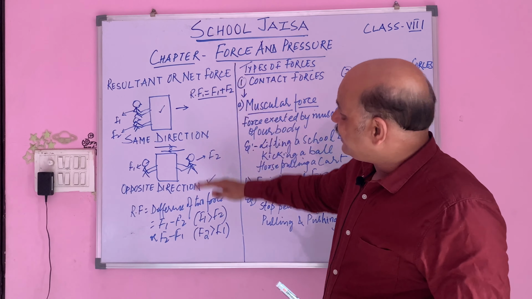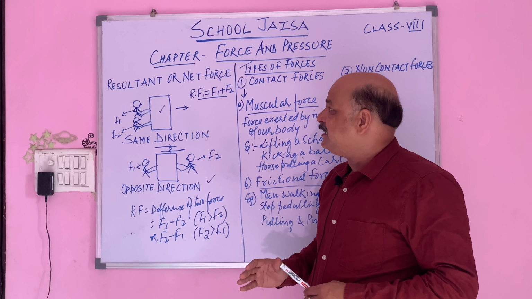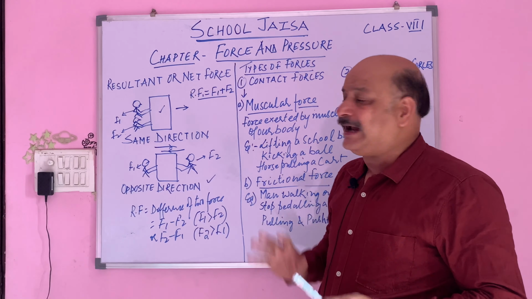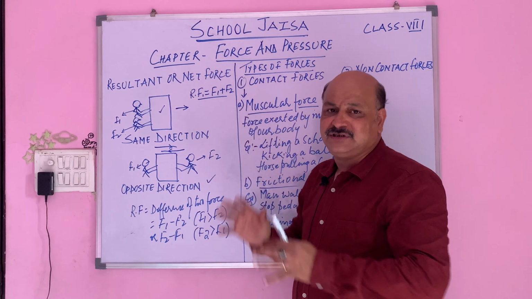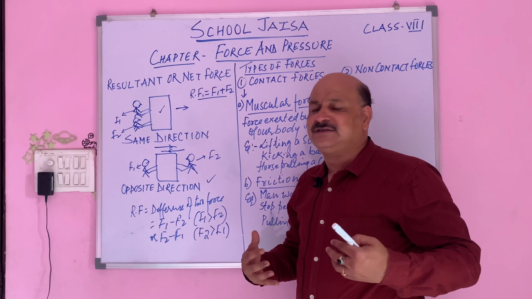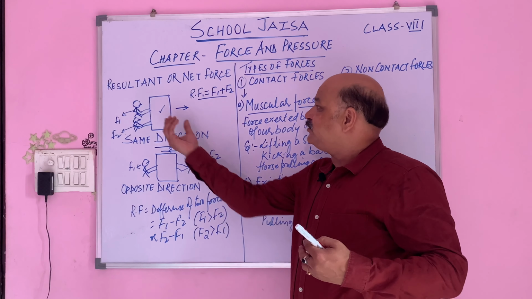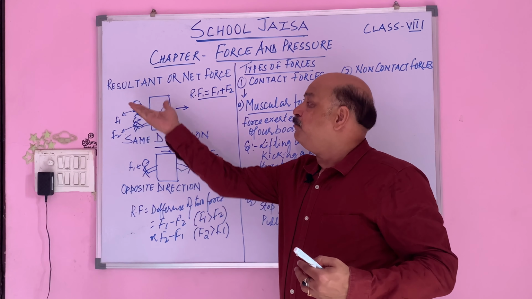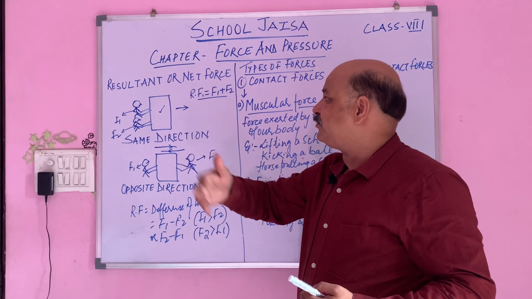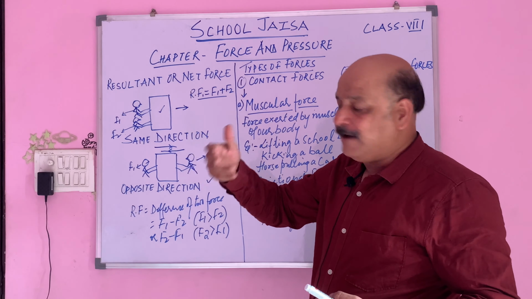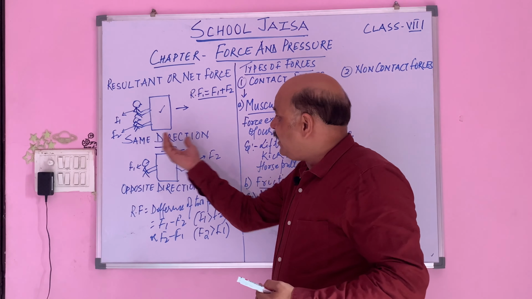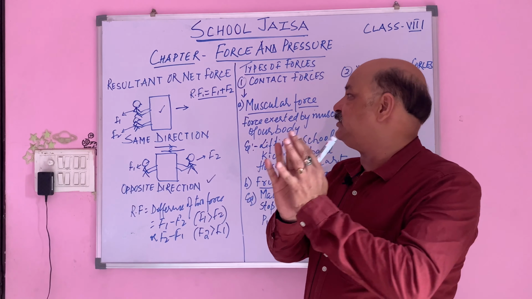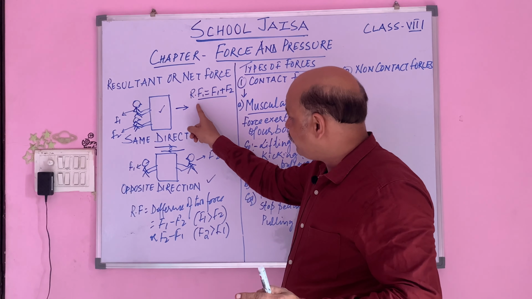So that is how to calculate the resultant or net force. And one more thing we should know: there is no compulsion that you should take only two forces. Maybe many forces are acting on it. For example, if more than two forces, F1, F2, F3, F4, are acting on this cupboard in the same direction, then the sum of all those forces will be equal to the resultant force.